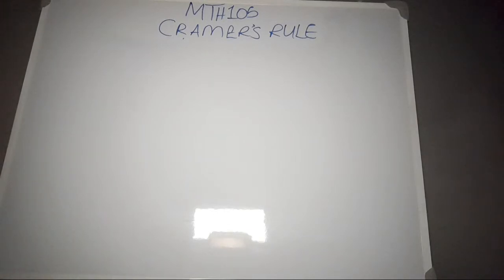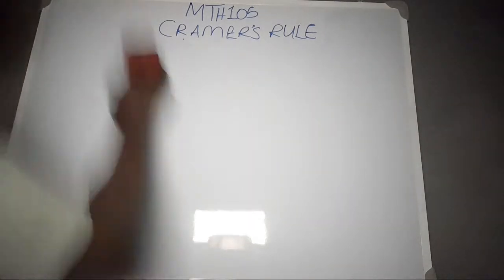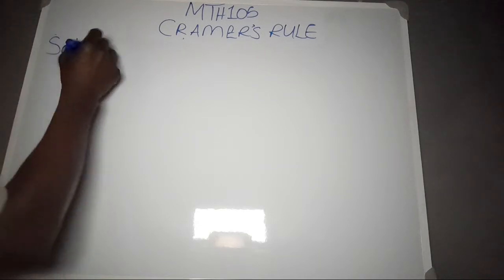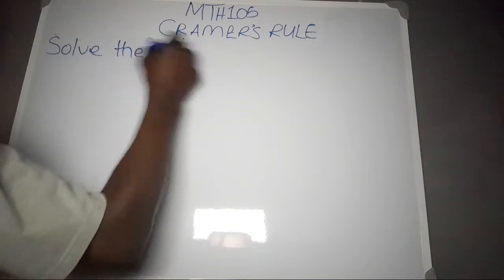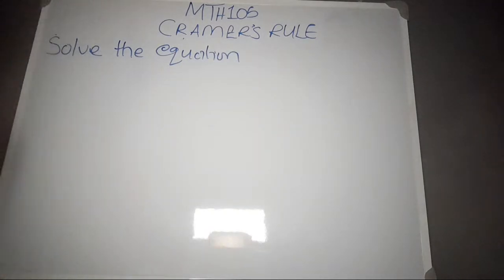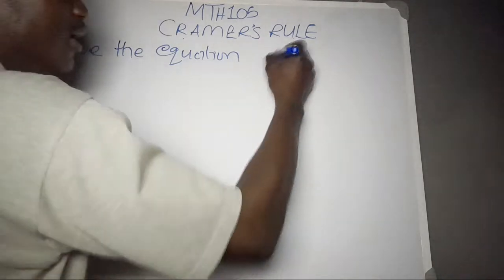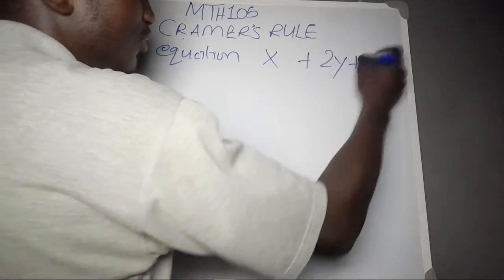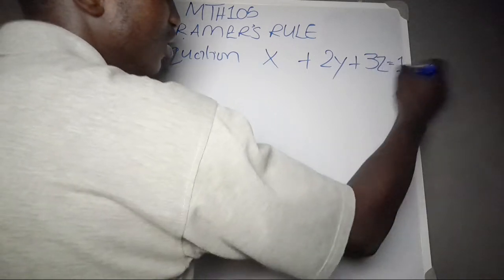So solving this equation with the Cramer rule, solve the equation: x plus 2y plus 3z equals 1.